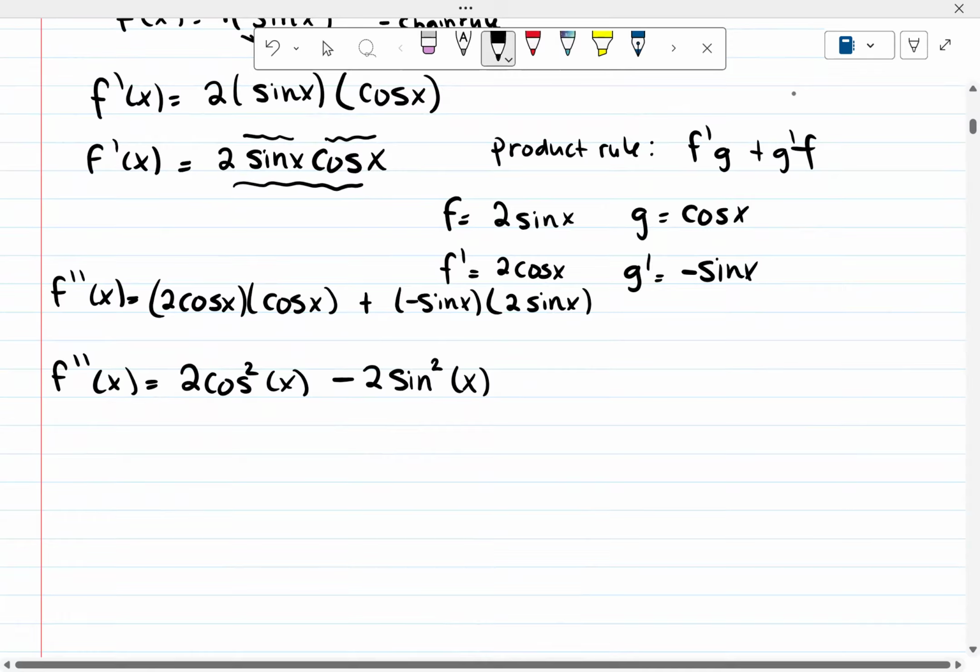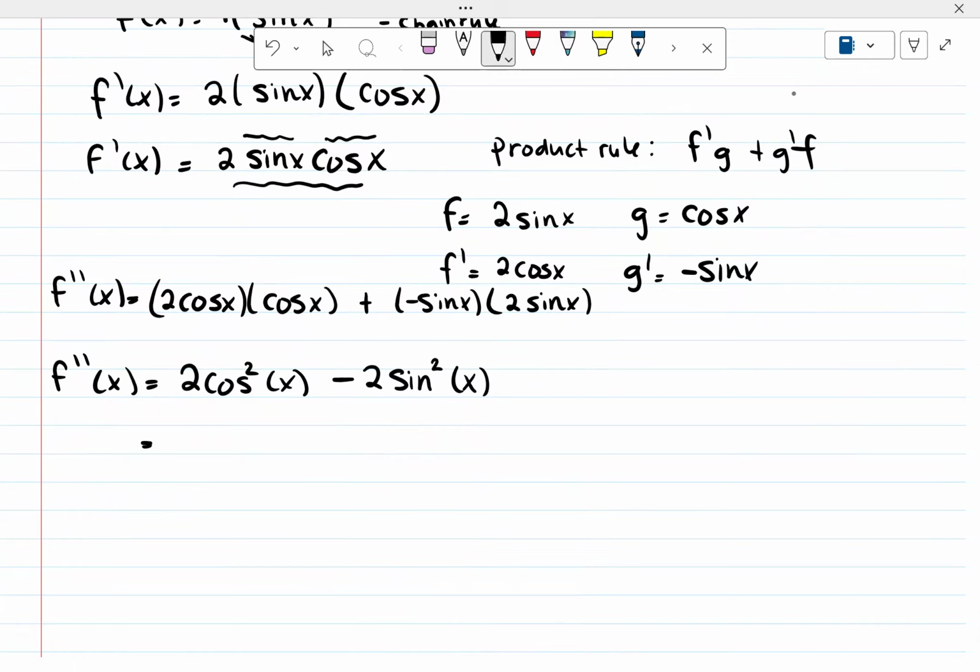Yes, we can. We can factor out 2, so this would be 2 times cosine square of x minus sine squared of x, right? Any identity we could use? Yes. Did you know that cosine square x minus sine square of x is an identity? It's a double angle identity.